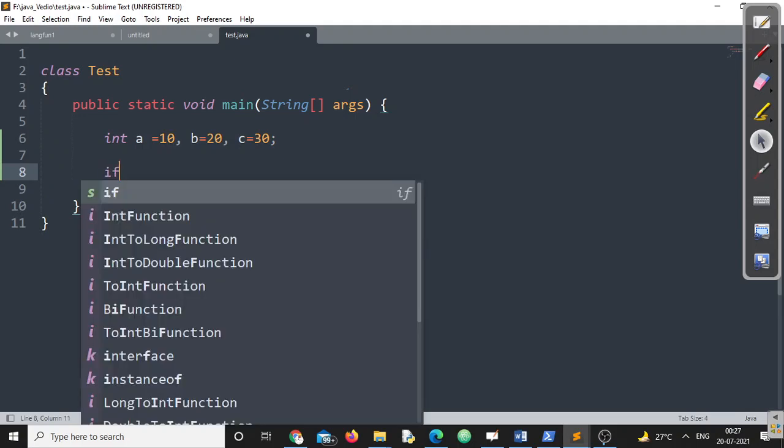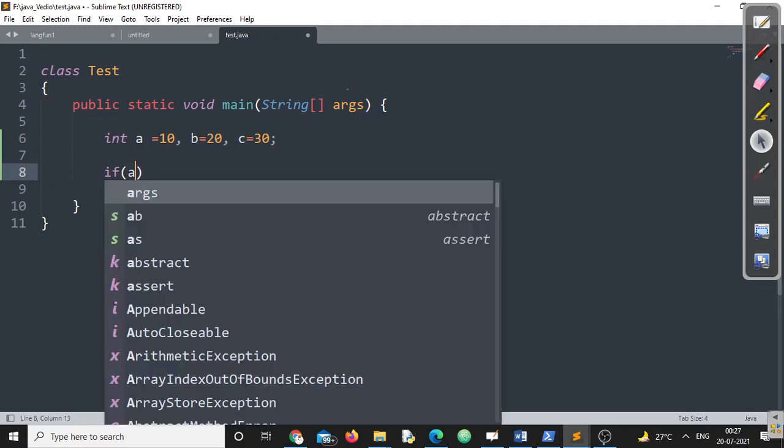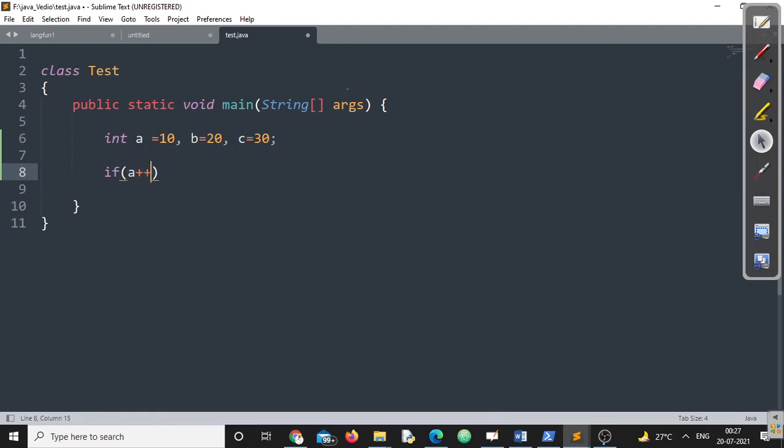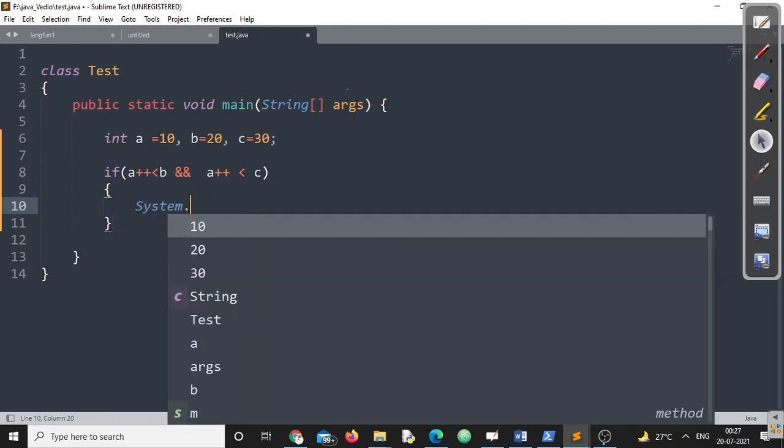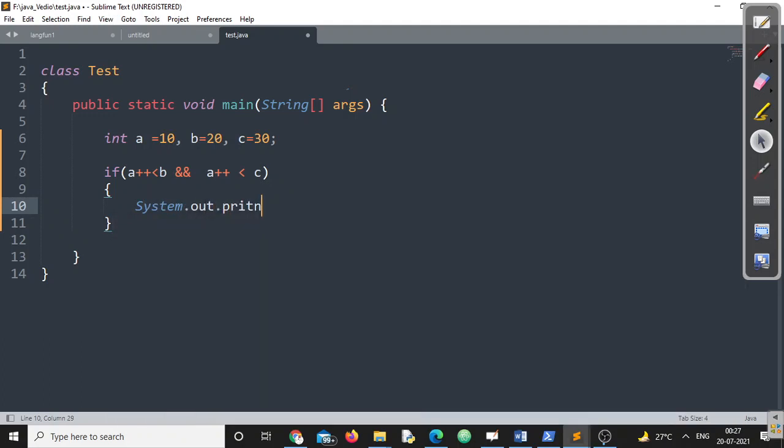Now, I'm writing if a plus plus less than b and again a plus plus less than c, then let's say system.out.print hello. If everything is true, hello will be printed.